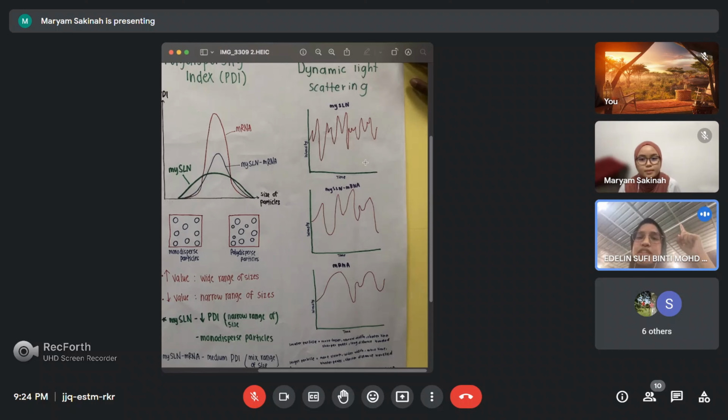So it shows that the MySLN is lower in size, so they will move faster.